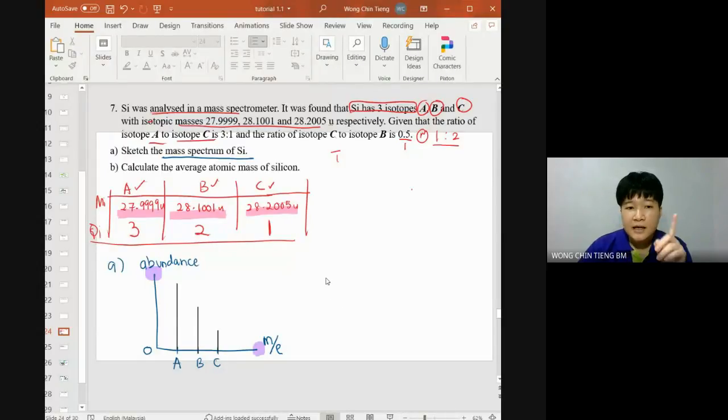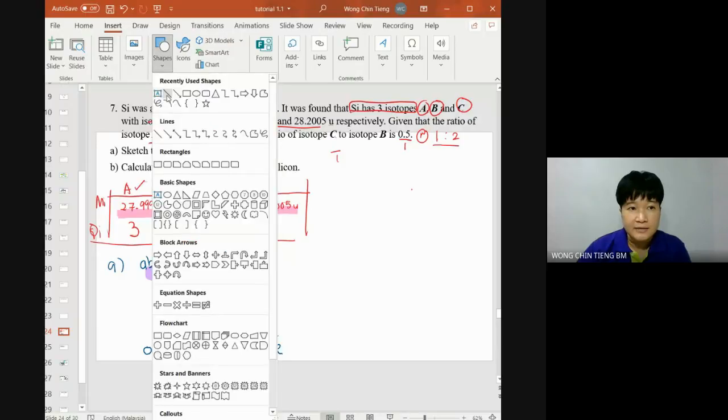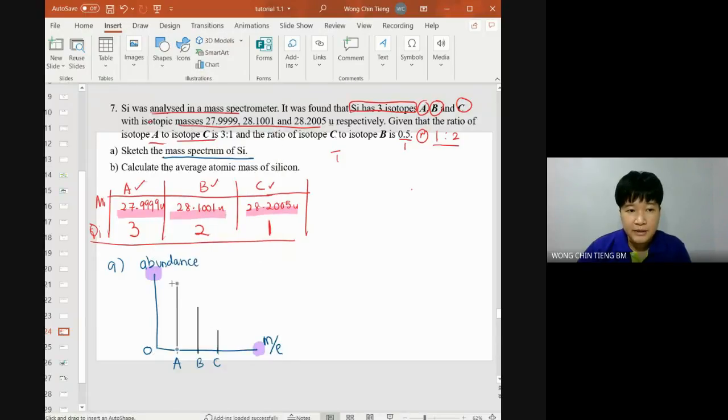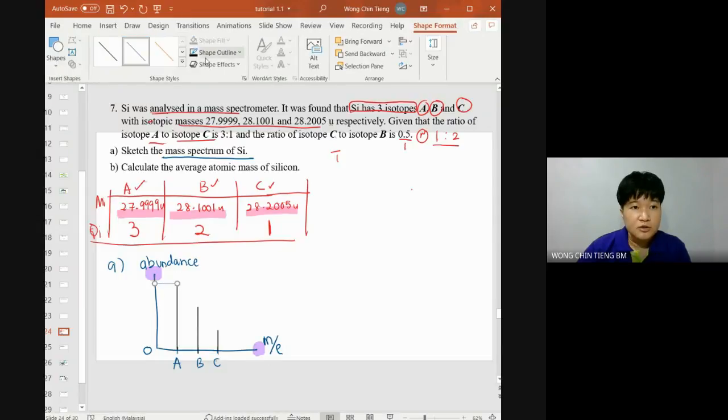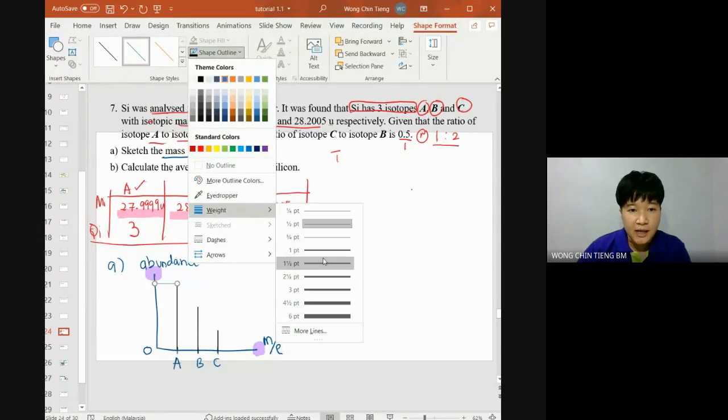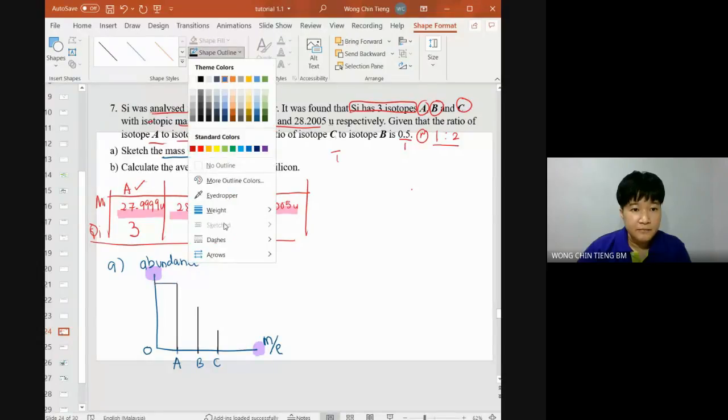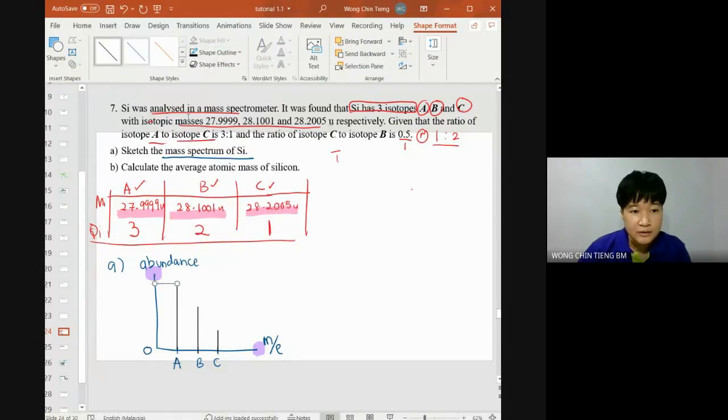Okay? Kalau soalan lukis mass spectrum yang dah ada data like this, semua data telah diberi, then you must put down the value. So you must label with your dotted line, okay? Dashes line, dotted line, whatever line yang kamu nak guna, sila guna.